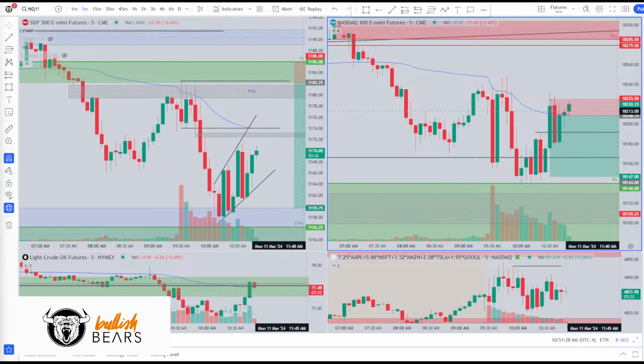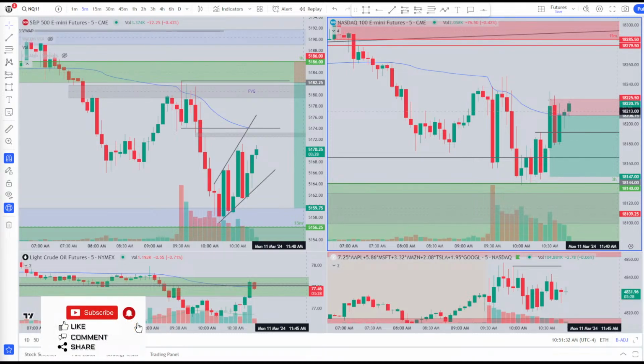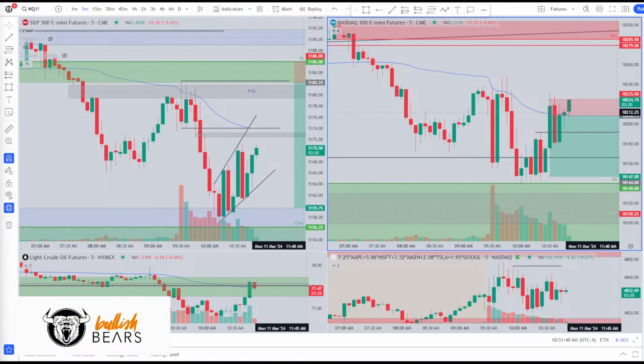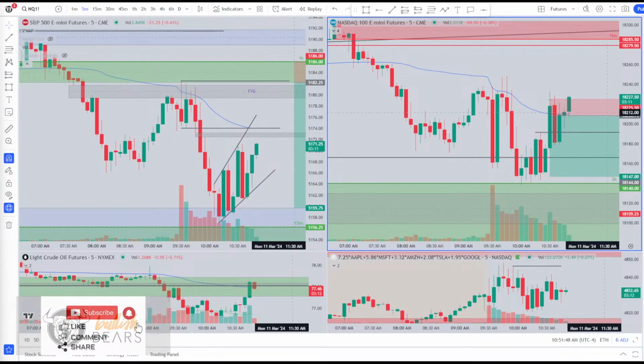Nvidia with buying pressure. Probably going to go hit that. Let's see. Yeah, alright, stopped out of that.